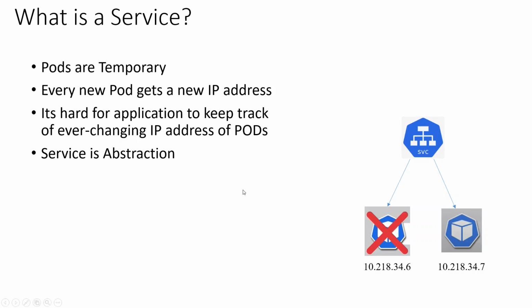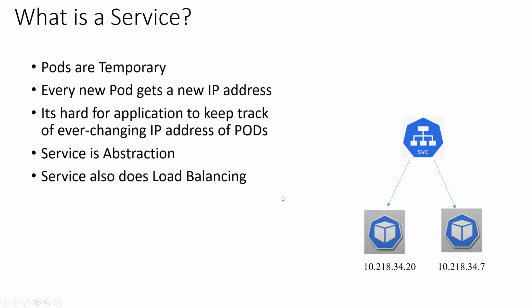In other words, a service offers an abstraction on top of backing pods. In addition to this, a service also offers load balancing among its backing pods. So whenever a new request comes in, the service distributes the load in a round robin fashion and keeps track of which pod has the most load. Okay, so that is what a service is.